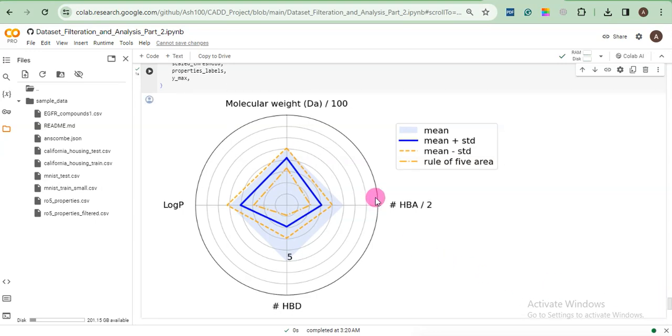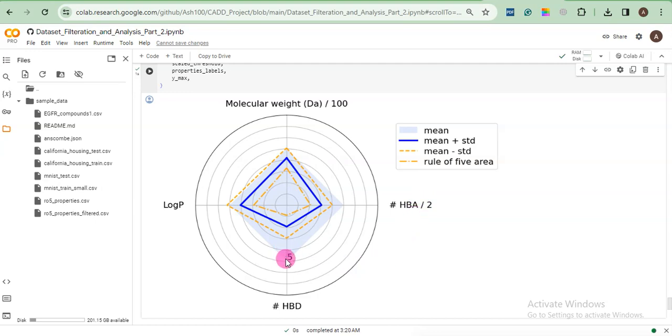This side is for HBA, this side is for molecular weight in Dalton, this is for log P, and this is for HBD, hydrogen bond donor, and this is acceptor.